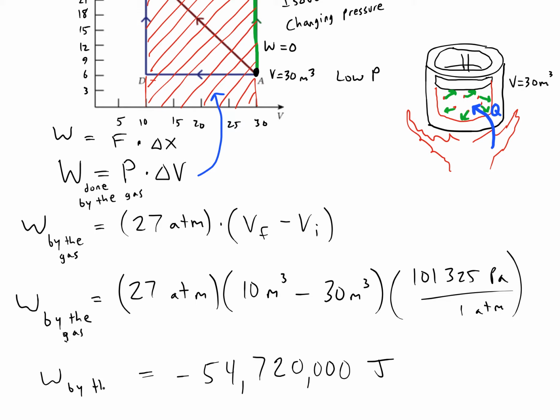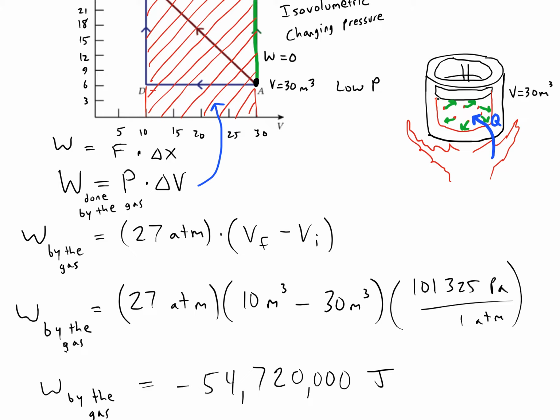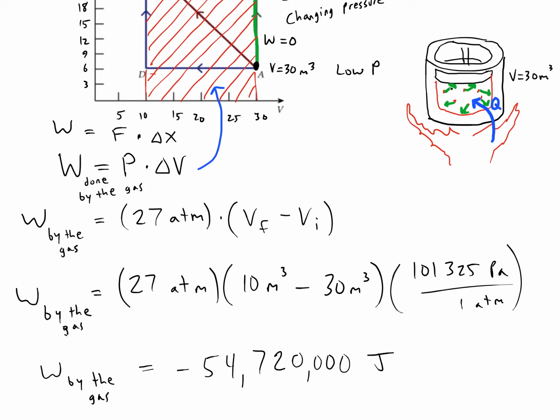And so what is the meaning of the negative? Well, you've got to figure that those particles are hitting the container walls from the inside of the container. They want to push the walls outward, and they want to push the piston upward. But the thing is, the piston doesn't go upward. Even though they're pushing against it, the piston ends up pushing them down.